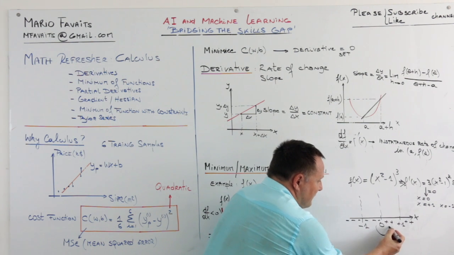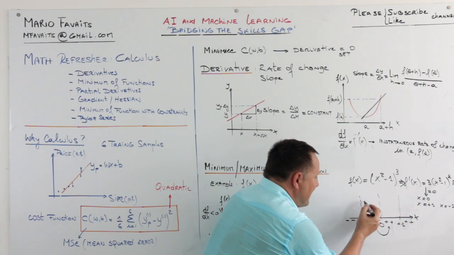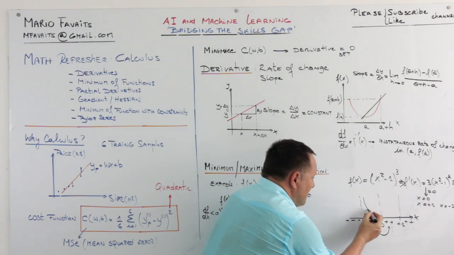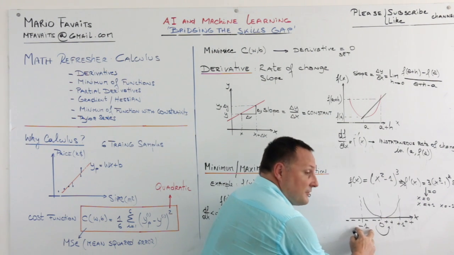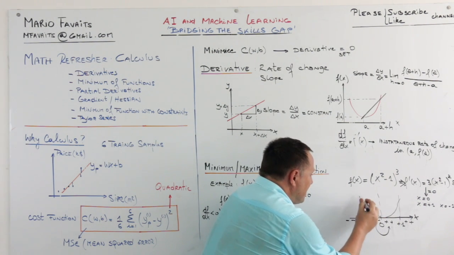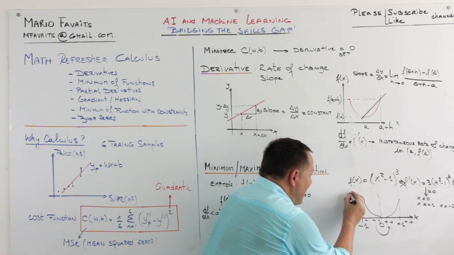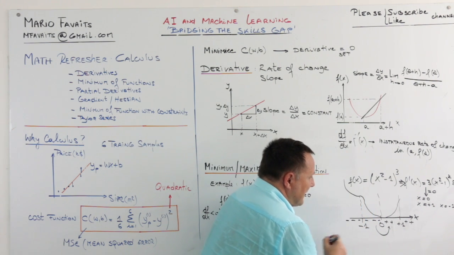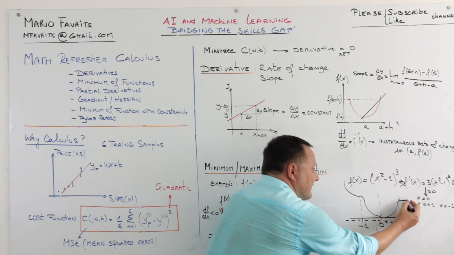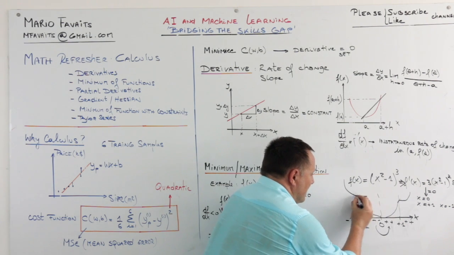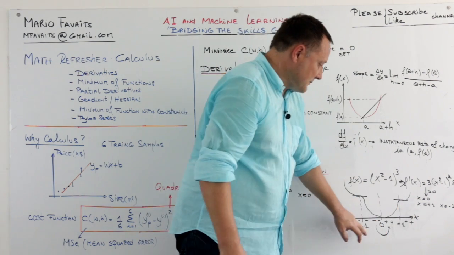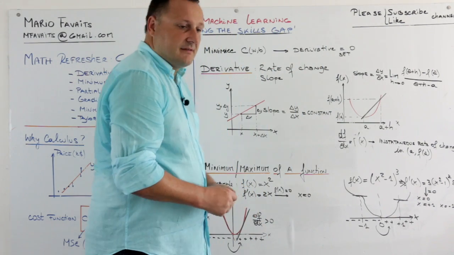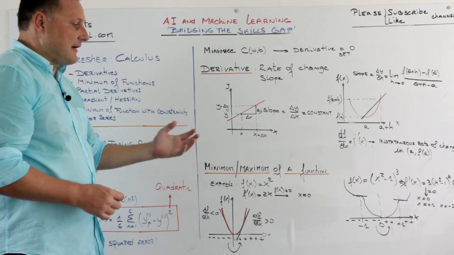So you go from minus to positive, so you will have a minimum here. Here you stay negative, so here you will have something flat and then go up again. And here you have the same and then go up again. It's flat because at minus 1 and plus 1 the derivative is equal to 0. So here we have one minimum.